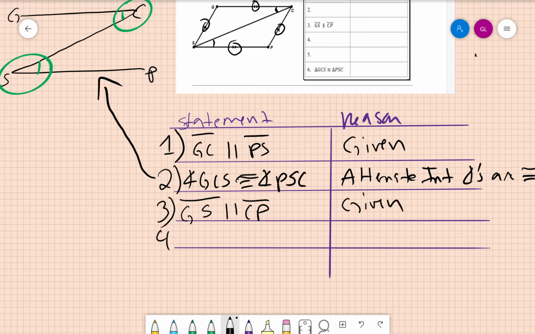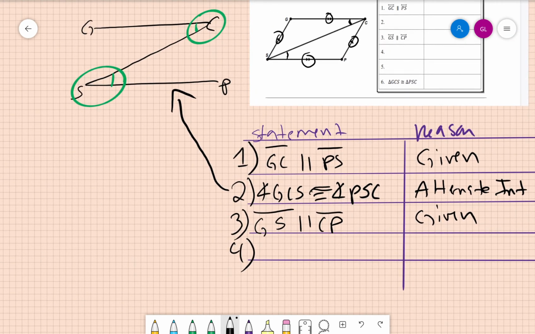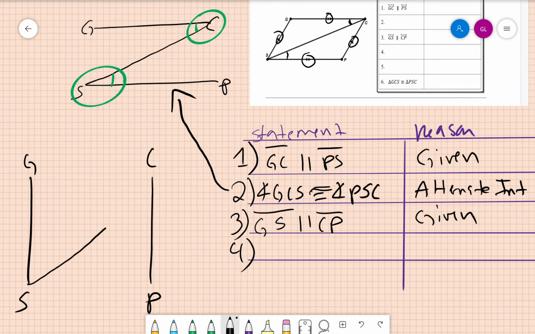So now for part 4, let's do the same exact thing again. Now let's draw the other 2 parallel lines that we need. This one right here is going to be GS. This one right here is going to be CP. And then we have the same transversal of SC.